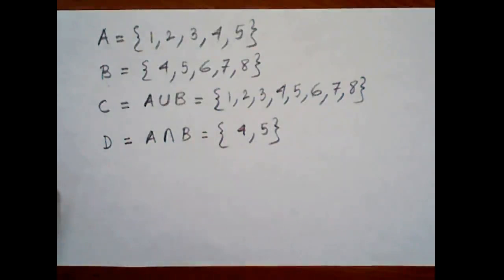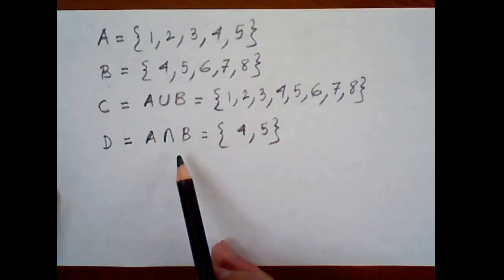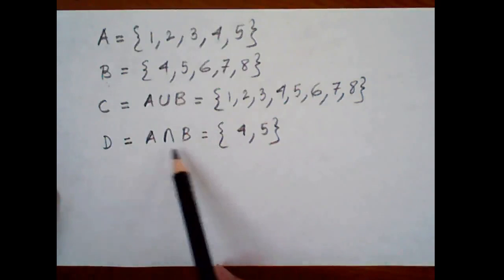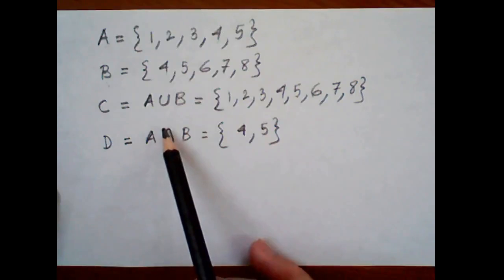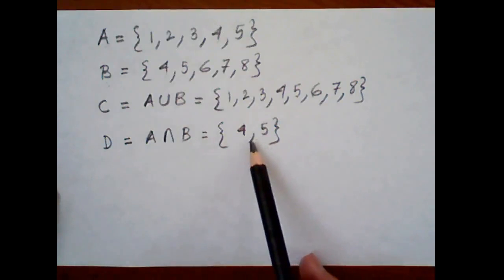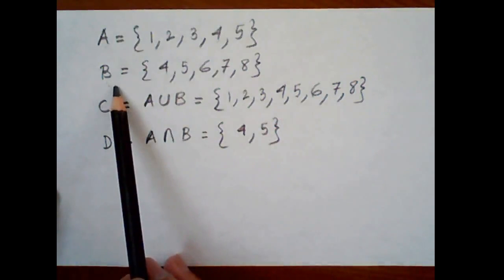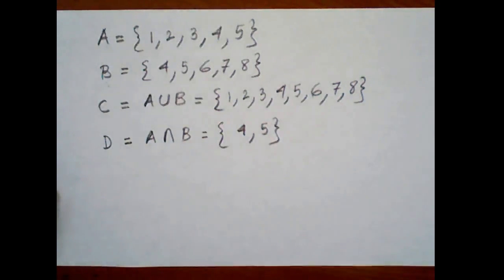And usually A intersection B will also be referred to in common language as A and B, reflecting the fact that this is a set which contains elements which are present in A and in set B. Alright, so this idea will be useful in one of the problems that we will solve towards the end of this particular video.